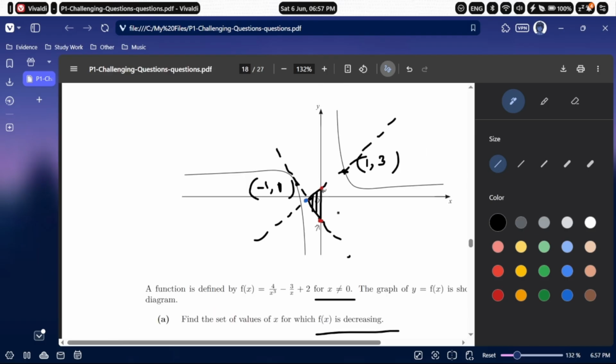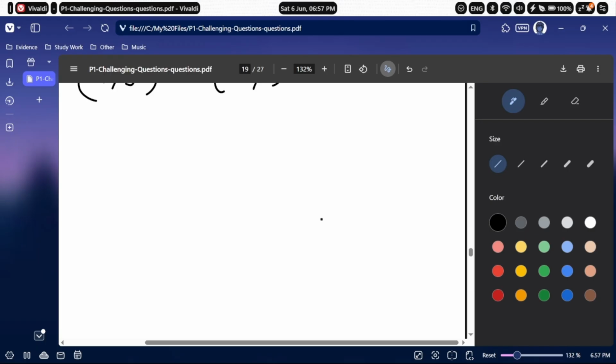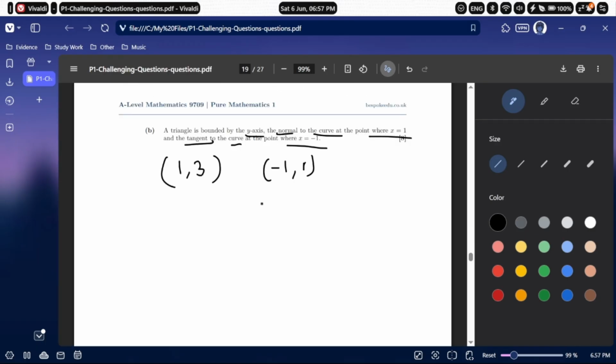So that's a graphical understanding of how this question works. Now you can start by actually getting into the question. I feel like if you understand this first, then it'll be much easier.